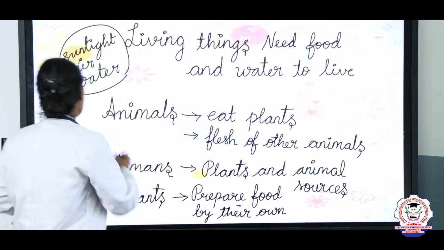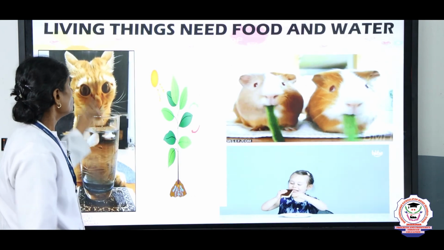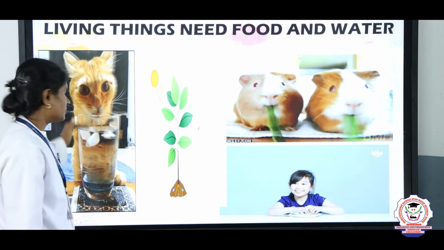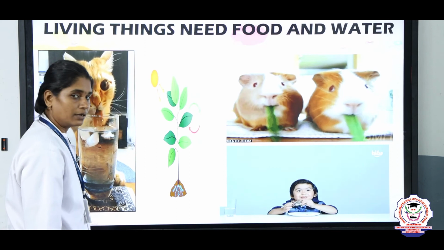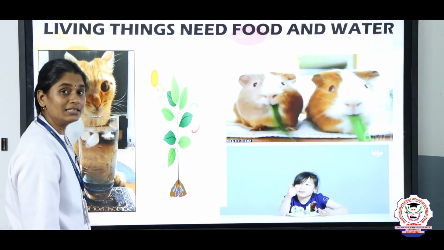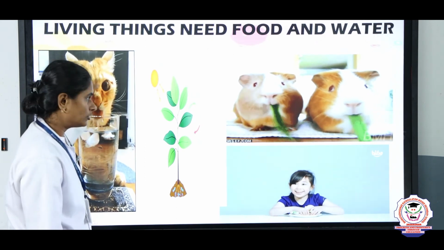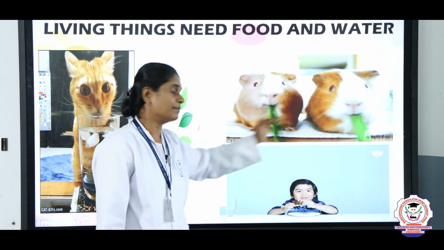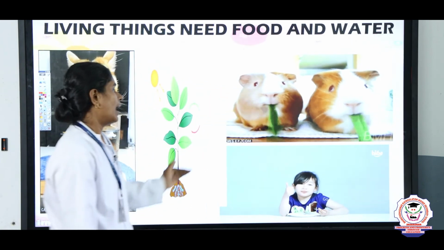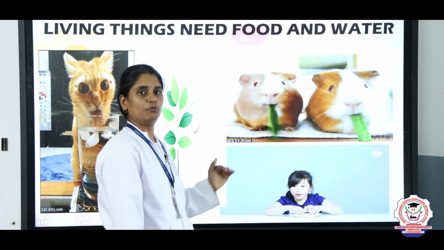Now let us see the example of the animals. You can see here a cat is drinking water, right. It is a living thing, it needs water to live. In the same way, you can see some animals eating food and human beings eating food to live.